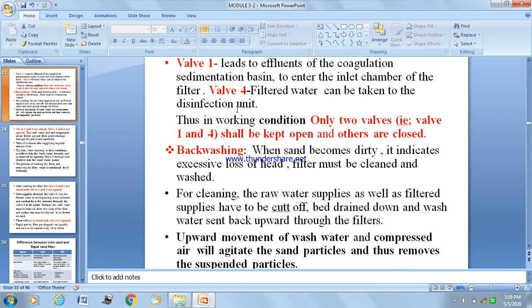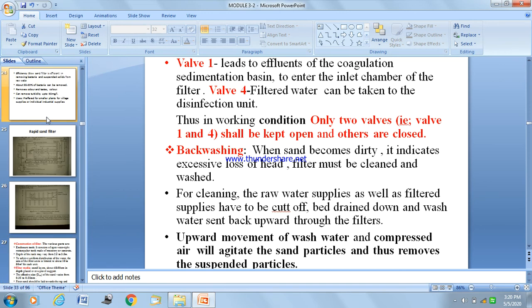Valve 1 leads from the sedimentation basin to the inlet chamber of the filter, and valve 4 is for filtered water. I will explain in the diagram itself.